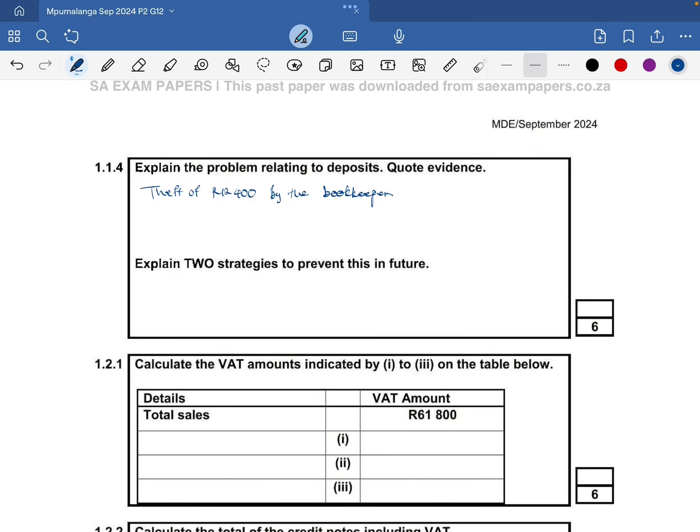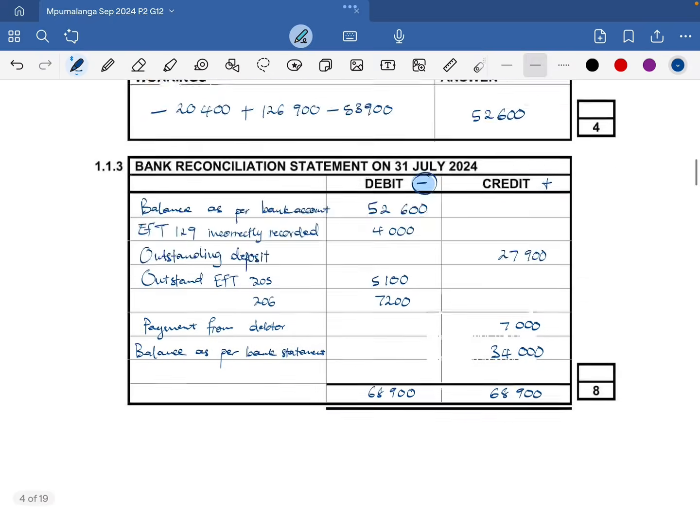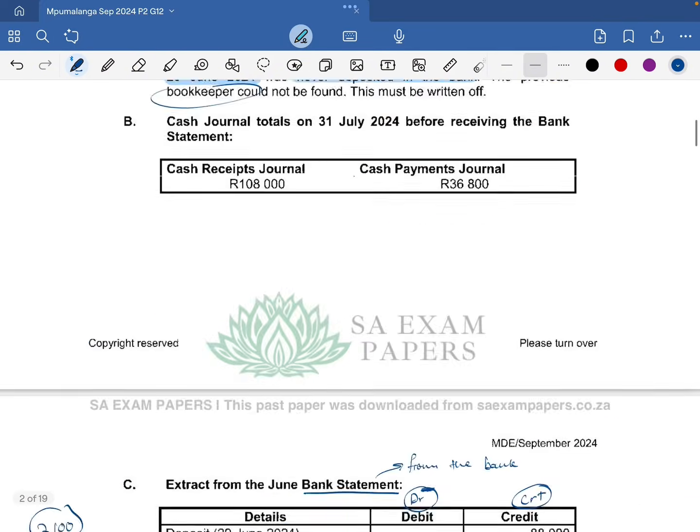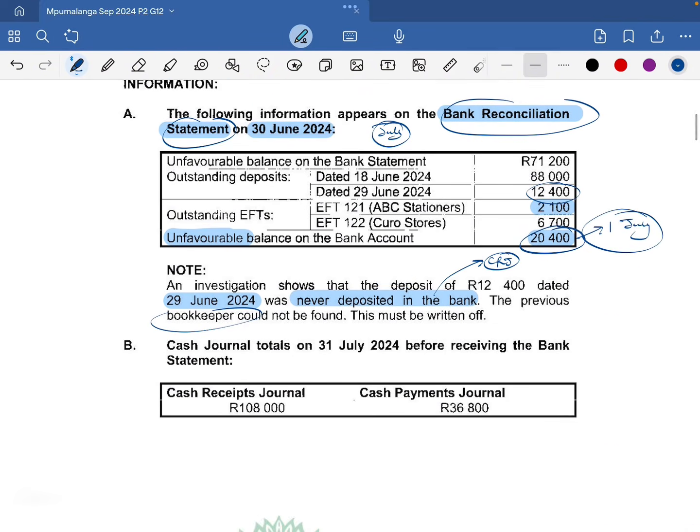So now what we know from this is that the problem is just theft, and deposits are not necessarily being done on time. So what happened here, let's go to the scenario. We know that after this investigation, the deposit of 12,400 dated 29 June 2024 was never deposited in the bank.